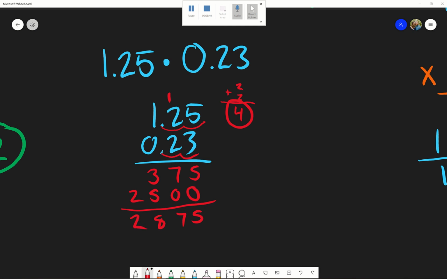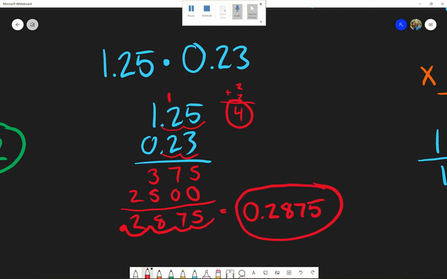And I'm going to bring my decimal back in 4 places. 1, 2, 3, 4 places for an answer of 0.2875. Wow, look at that.